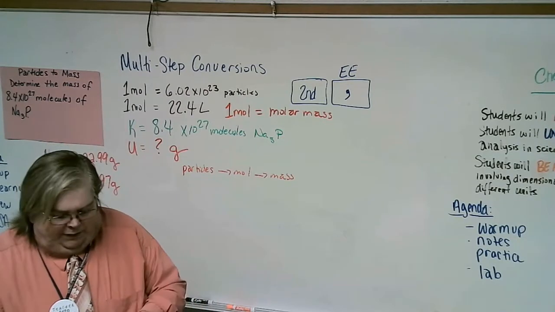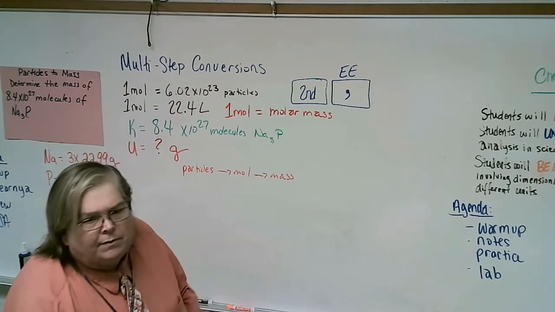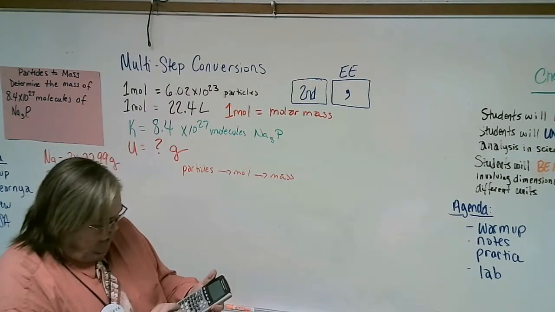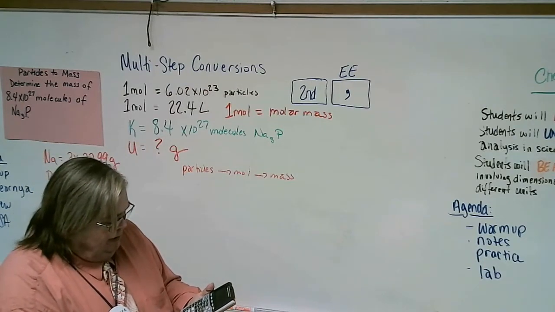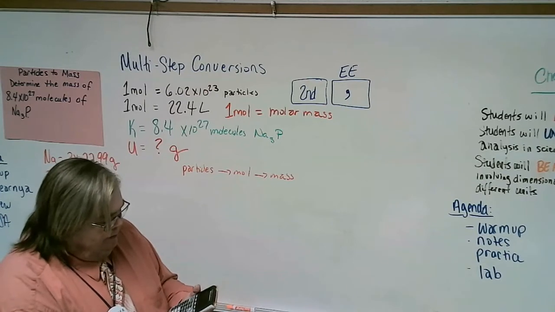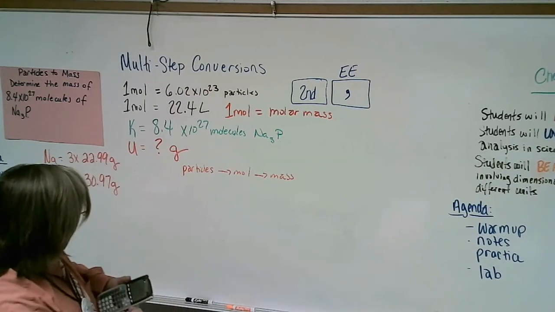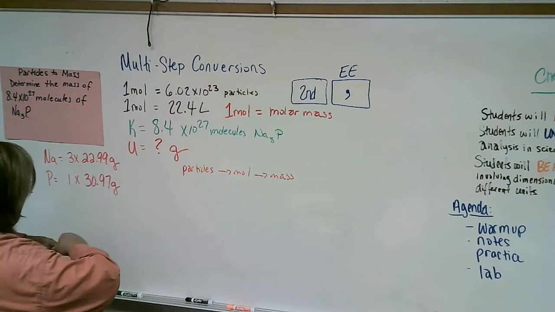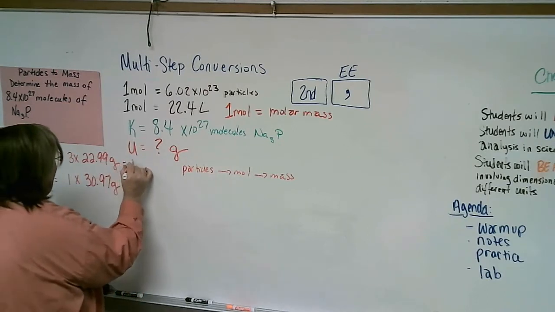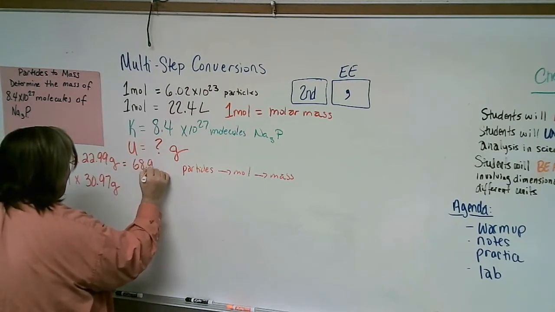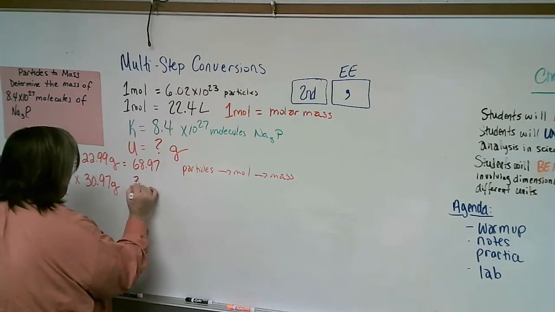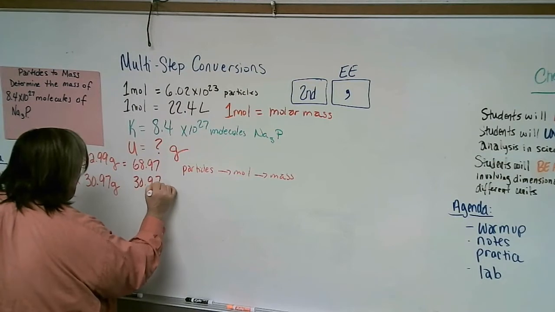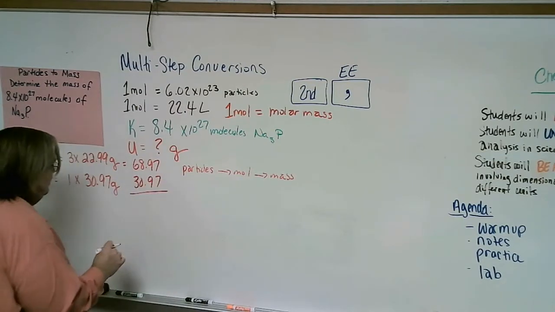So now we can do some math with these two. 22.99 times 3 is 68.97. And 1 times 30.97 is 30.97.